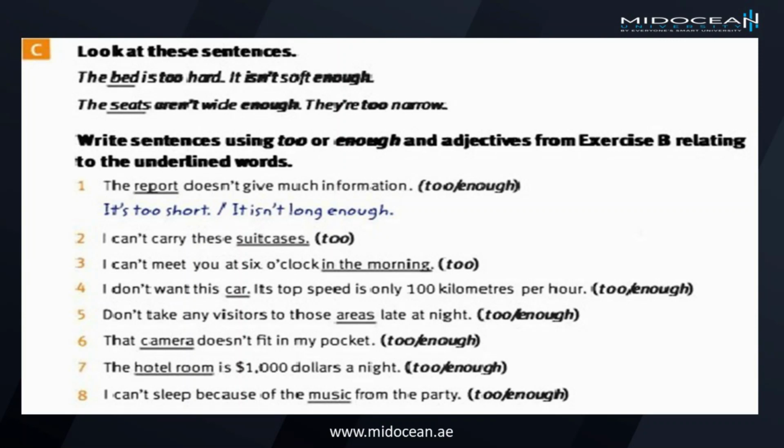The report doesn't give much information, so we can say it is too short or it isn't long enough. Of course, we use too to indicate that something is excessive or more than you want or need. We use enough to say that something is sufficient.